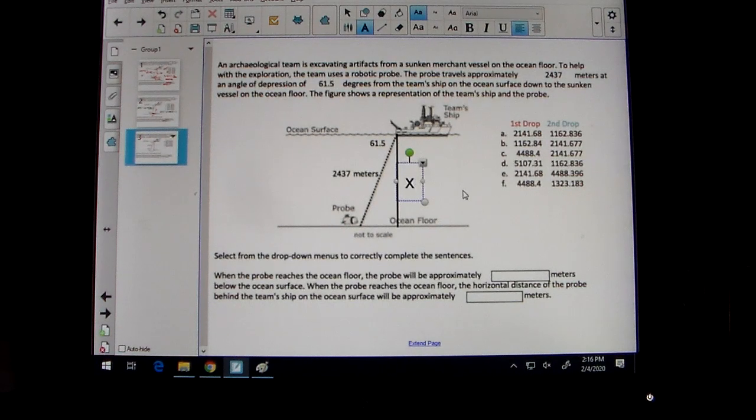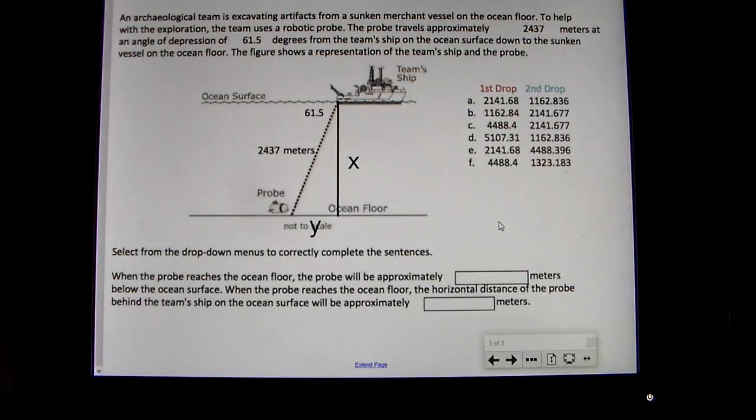We know the height is first, so we'll call that X. We know our Y is the second question, so we got to find that bottom length. So to do this, we know this is 61.5 down here, so opposite over hypotenuse is sine.